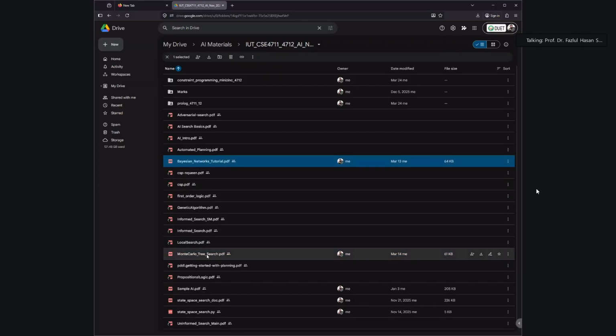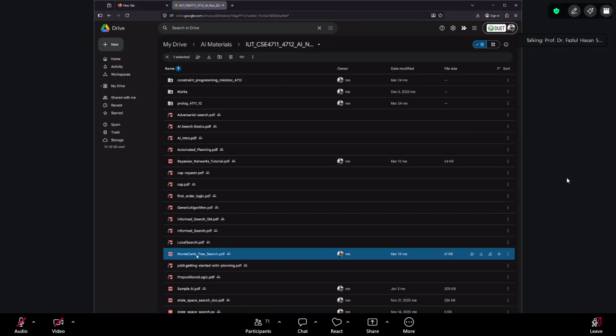Monte Carlo tree search is very short, one page content, both the Bayesian network and the Monte Carlo. And the Bayesian network I didn't cover because this has been covered by your Mahabub sir, if I'm not wrong. But anyway, even if it is not covered, this is a very simple probabilistic problem solving. And the Monte Carlo is just like one step further to the adversarial search.